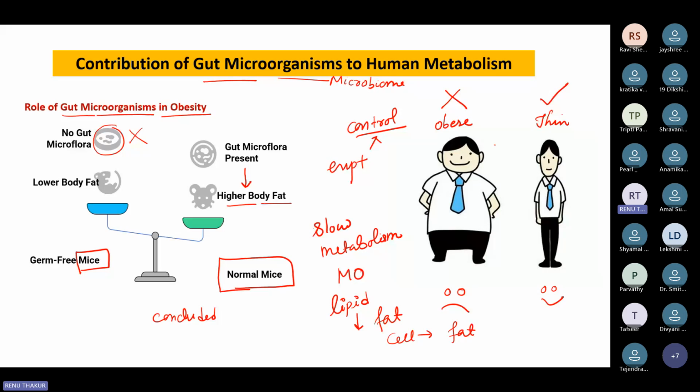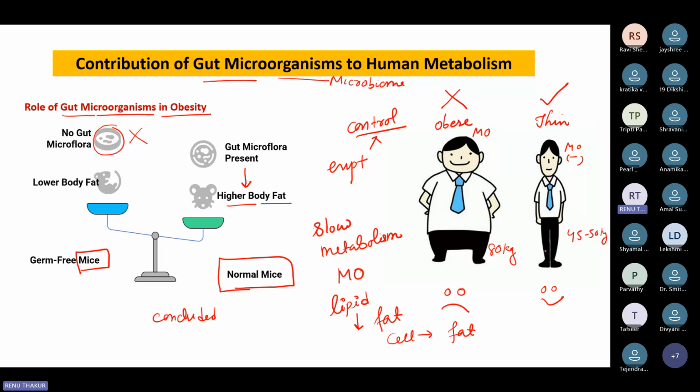So this obese person has that microorganism in their microbiome which is capable of doing this. But that microorganism is absent in this lean and thin person. So therefore, his weight is low. Suppose his weight is 80 kg and the other is, let's say, 45 to 50 kg.